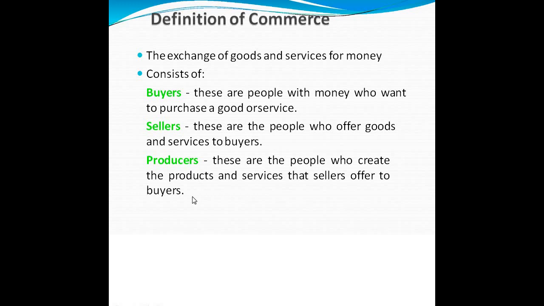Buyers want to purchase goods or services, sellers want to offer goods and services to their buyers, and producers create the products and services which sellers offer to buyers.